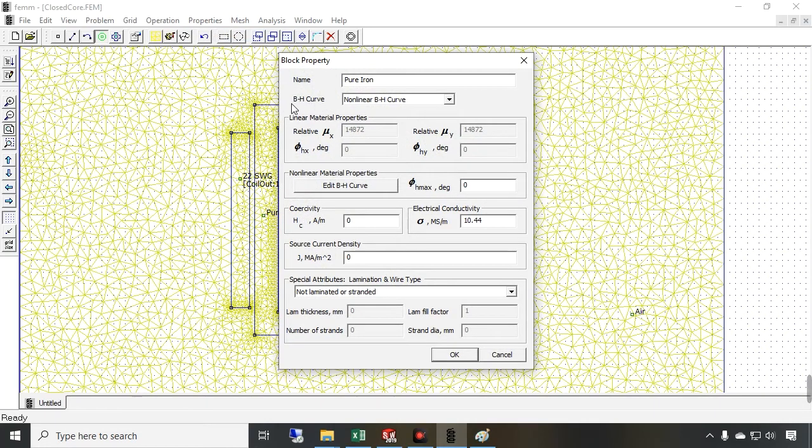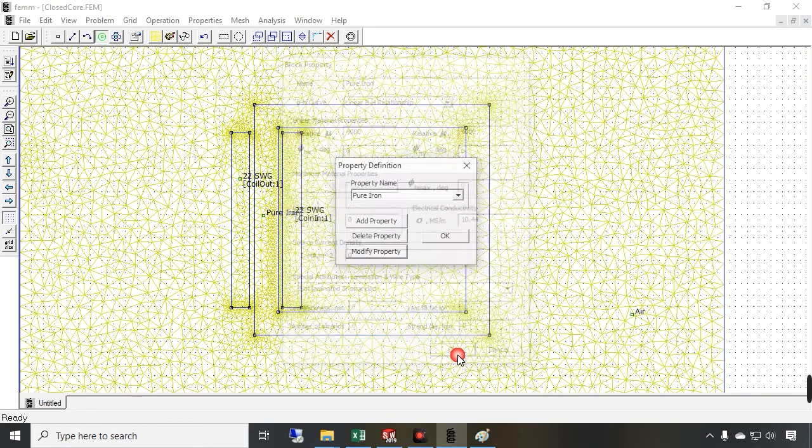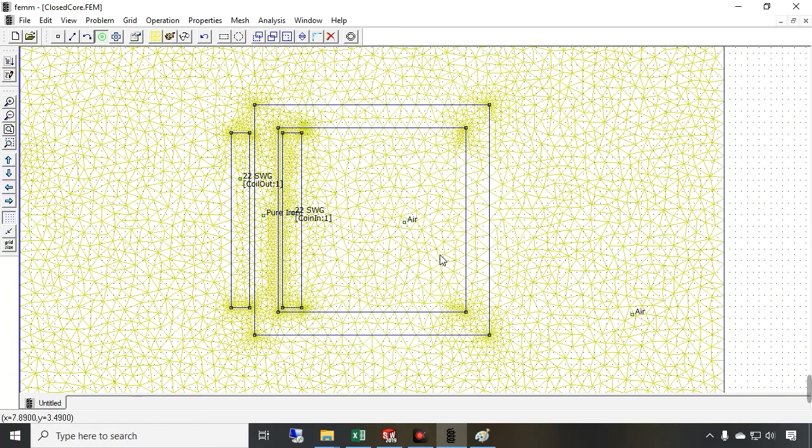I don't want to consider a non-linear BH curve. I am going to consider a linear BH curve and set the value of relative permeability equal to 4000 for mu x and 4000 for mu y, and press OK. So this is a linear magnetic problem.